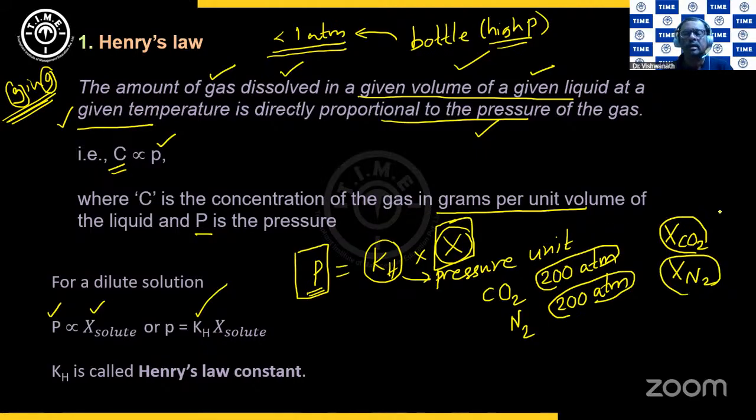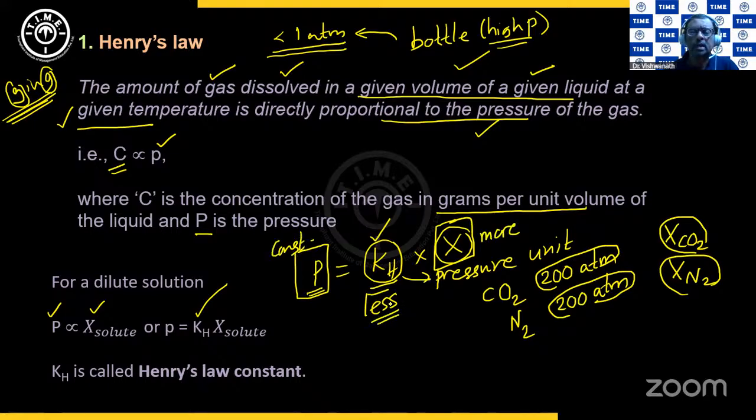No, because each gas has got a particular value of Kh. The proportionality constant is not the same for all the gases. So shall we say that if Kh is less, the solubility is more for a constant pressure? Is it not?